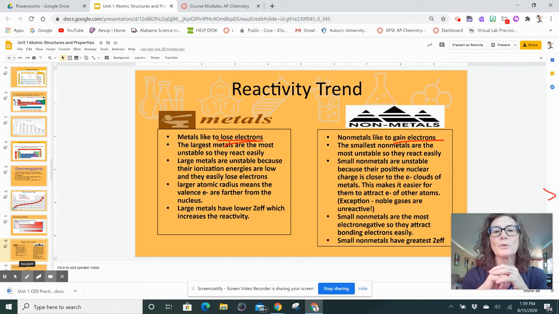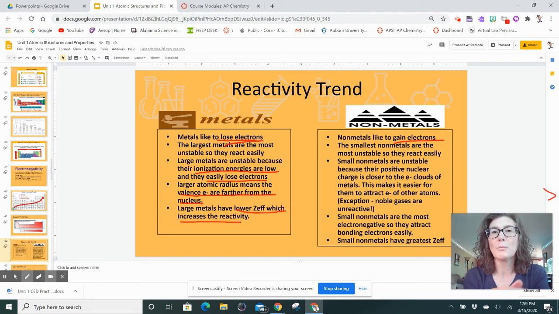The large metals are unstable because their ionization energies are very low, so it's very easy to remove electrons. The larger atomic radius means that the valence electrons are further from the nucleus, which makes it easier to pull off that electron. Large metals have a low Z effective, which increases their reactivity.